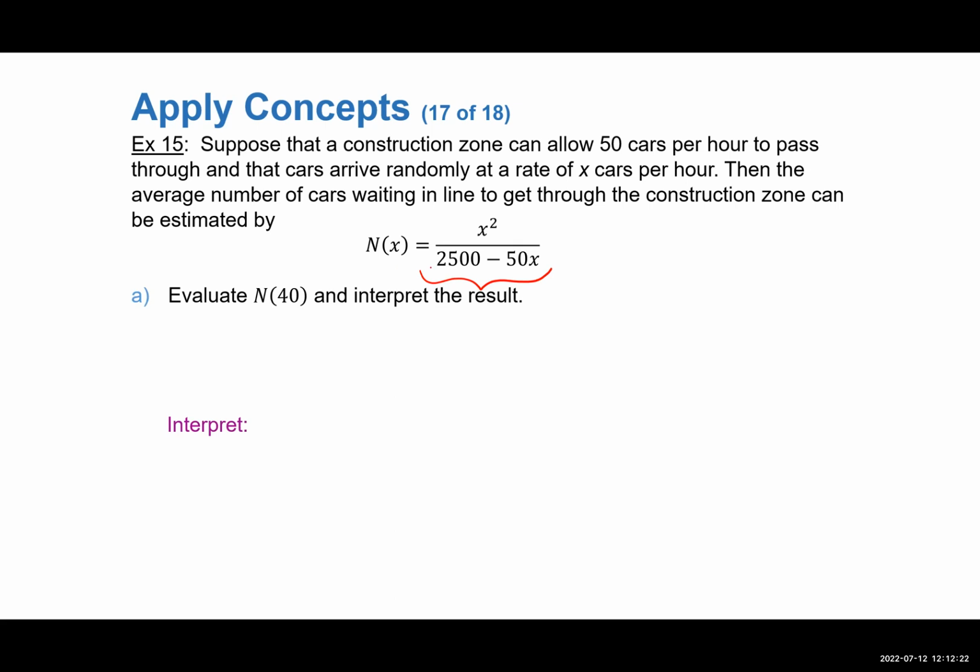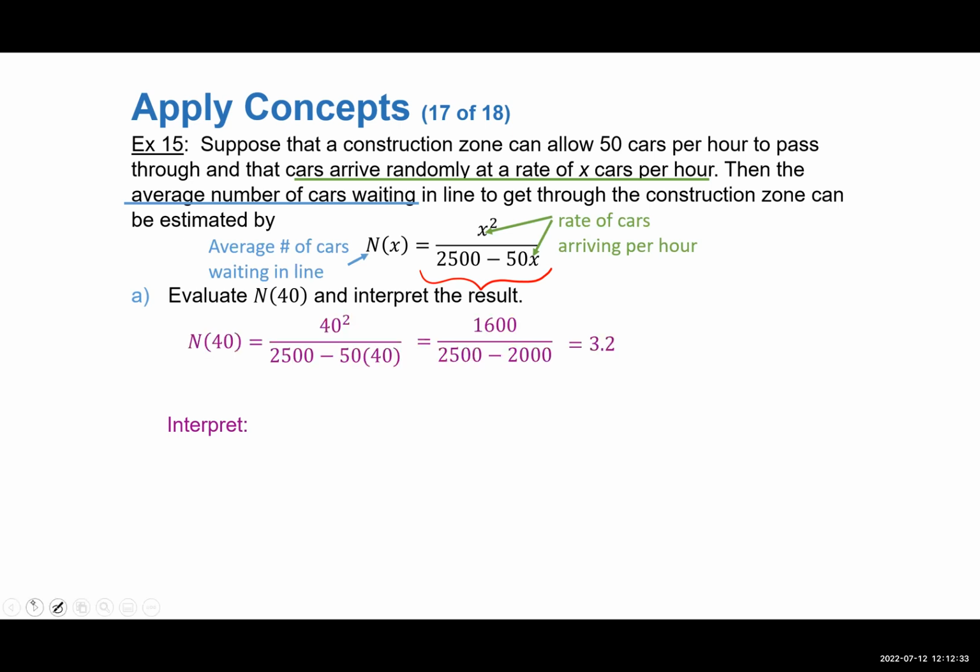It says evaluate n of 40. That means put 40 in for x and interpret the results. So when we put 40 in for x, basically we get 3.2. Now we need to interpret that. Because it says x cars per hour, 40 cars are coming randomly, like 40 cars per hour.